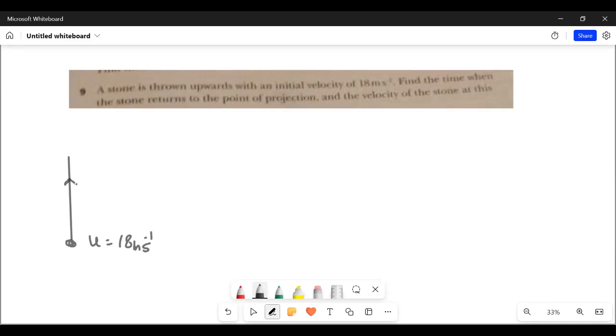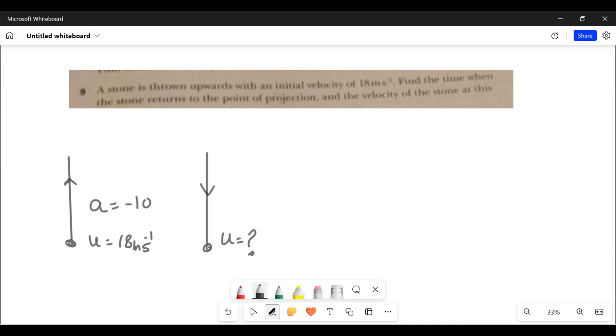So that means it goes up, reaches all the way to its maximum height, and then it falls down from that point. And you need the acceleration and speed at this point. Okay, so when it shot up, its speed was 18 meters per second. Its acceleration is going to be -10 because it's going in upward direction.